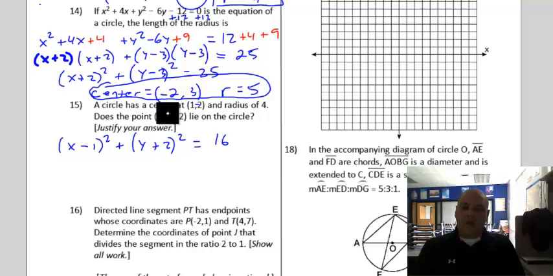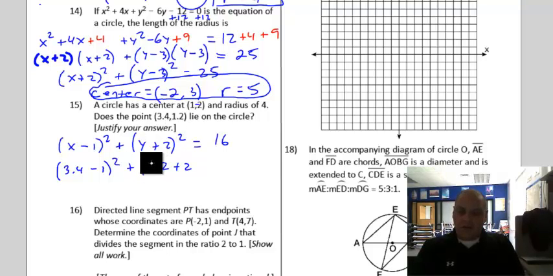All right, and now we're going to plug in this point. Plug it in. If you get 16, then it's on the circle. If you don't get 16, it's not on the circle. It's that simple. So I'm going to put in 3.4 here. 3.4 minus 1 squared. And then 1.2 plus 2 squared.